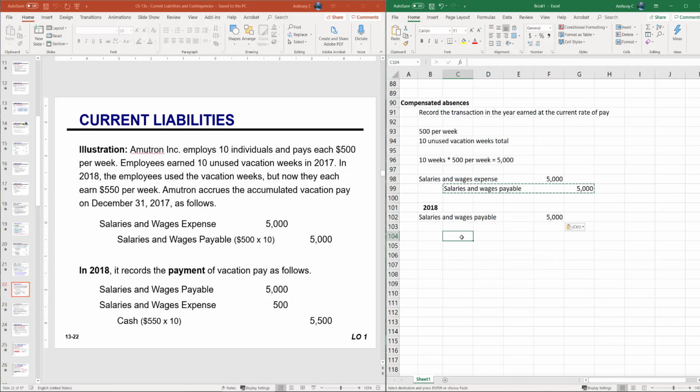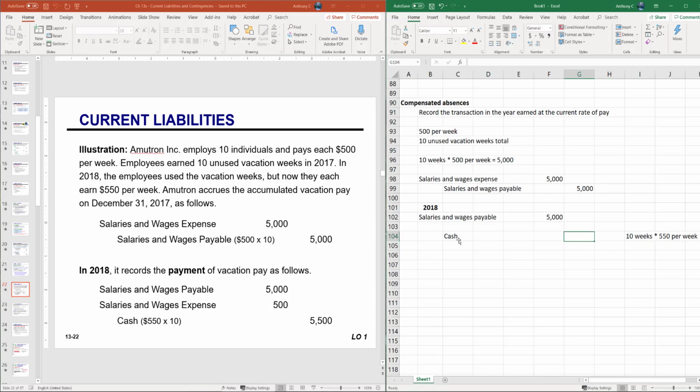Now, when we go to actually pay the employees, we originally recorded the liability at the rate of $500 per week, but when we go to pay them, we're going to pay them using the current rate of compensation. So the amount of cash we'll pay out will just be the 10 weeks times their rate of $550 per week now.